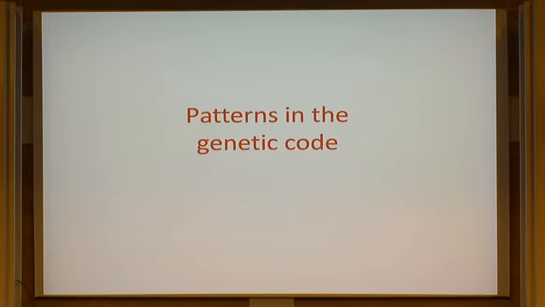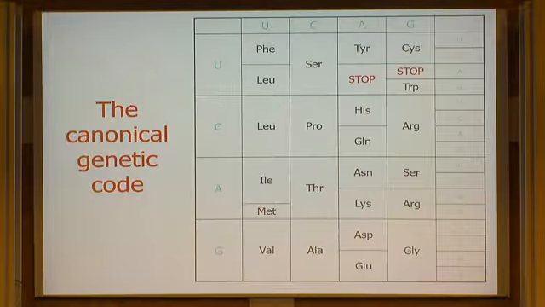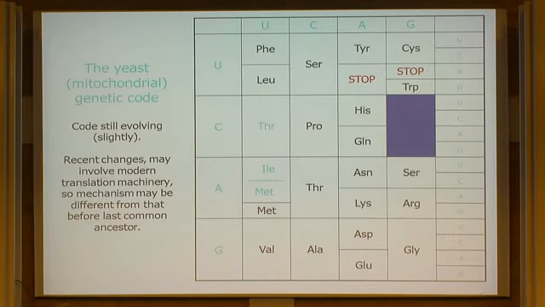Okay, so now having said that, I want to talk about the genetic code again. I want to first of all tell you about patterns in the genetic code. So here's the canonical genetic code, one you've seen before. Here is the yeast genetic code, but this is the genetic code for the mitochondria, not for the nuclear code.